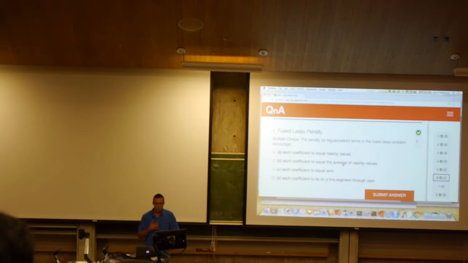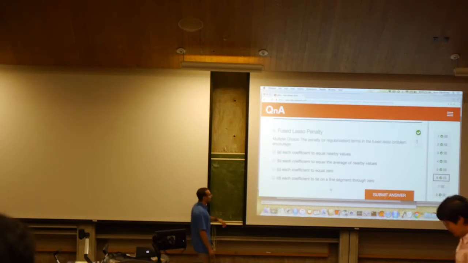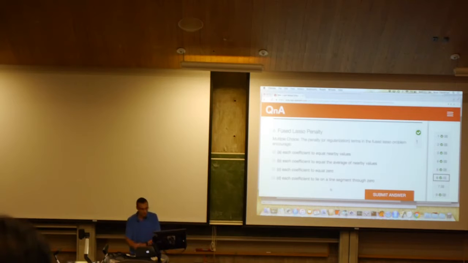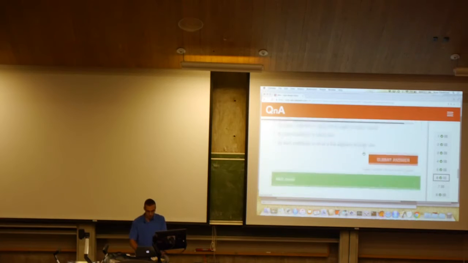The penalty terms in the fused lasso problem encourage each coefficient to equal nearby values, each coefficient to equal the average of nearby values, each coefficient to equal 0, or each coefficient to lie on a line segment through 0. What do you guys think? A, right. This was a bit vague, but in both the 2D and the 1D cases we had some definition of an ordering, or in the 2D case proximity, and we're penalizing differences across things that were adjacent. So this is what we meant by nearby values.